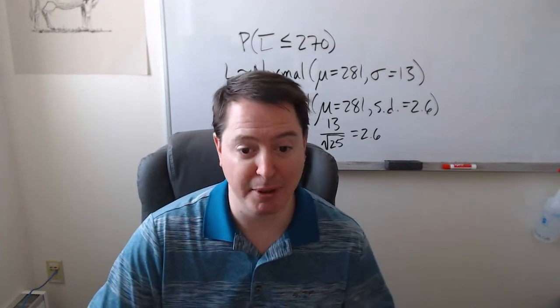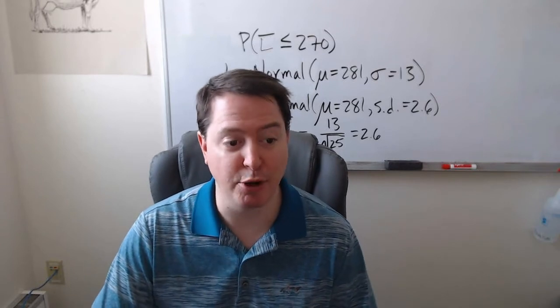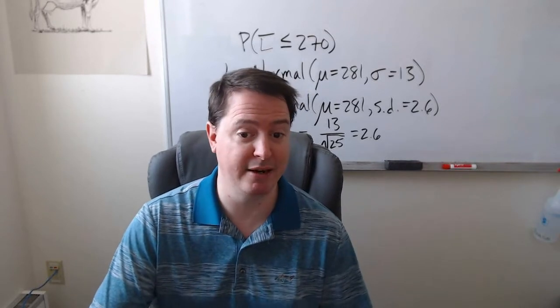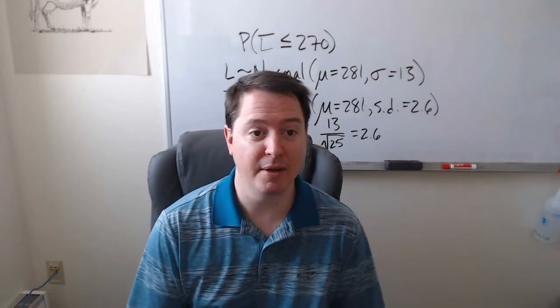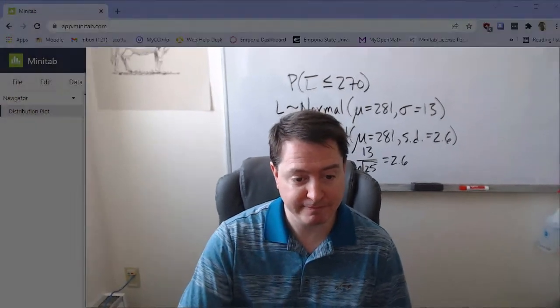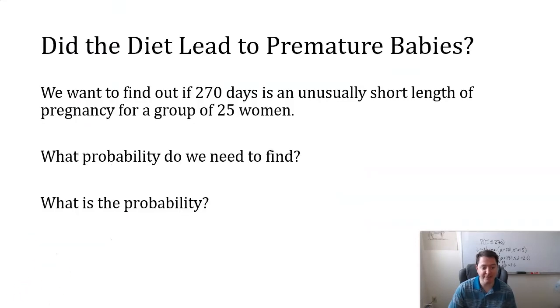Basically a probability of 0, right? This is incredibly unusual then. I can at least say that. If it happens 1 out of 100,000 times, that's incredibly unusual. Definitely we can make the claim that it's an unusually low length of pregnancy for a group of 25 women.